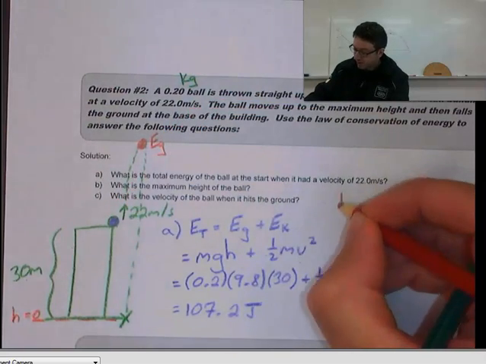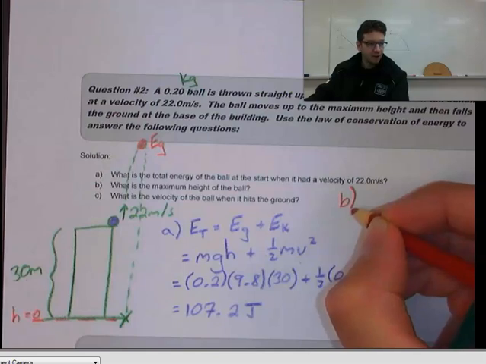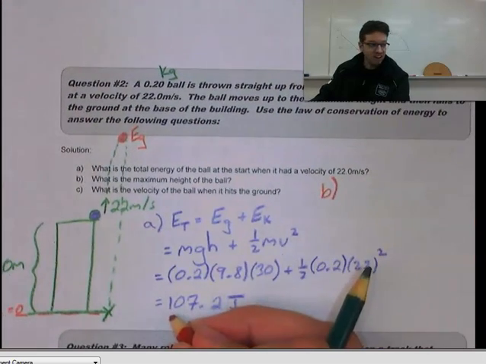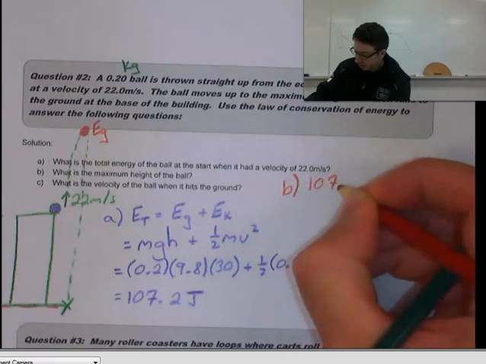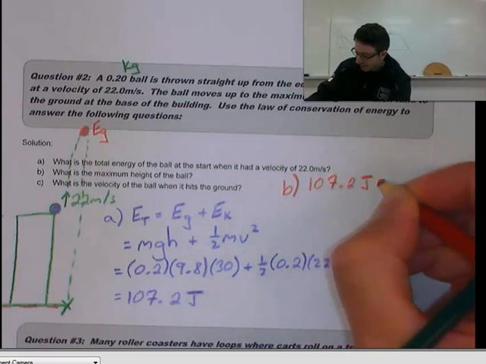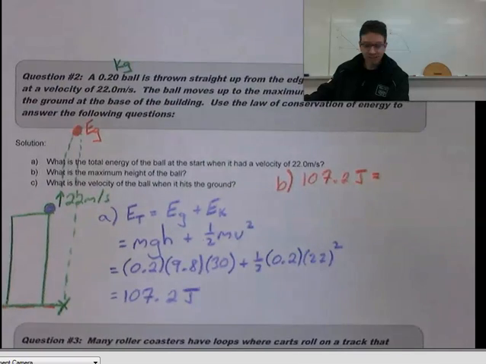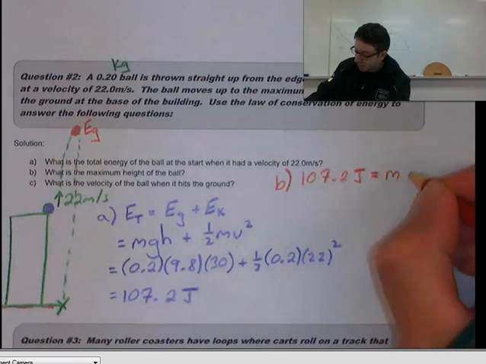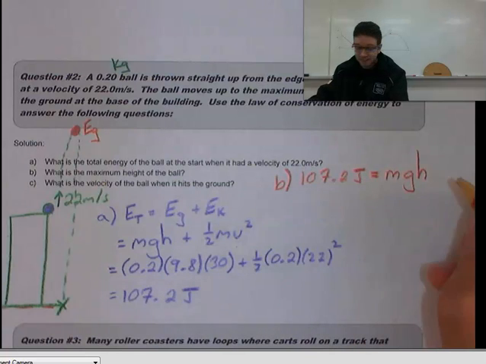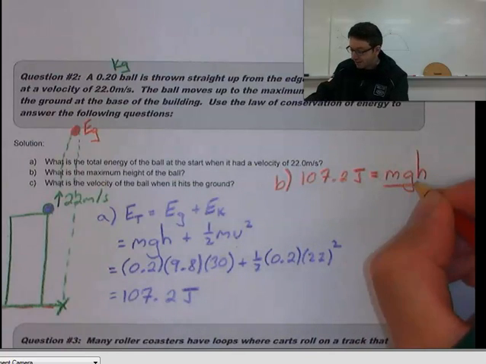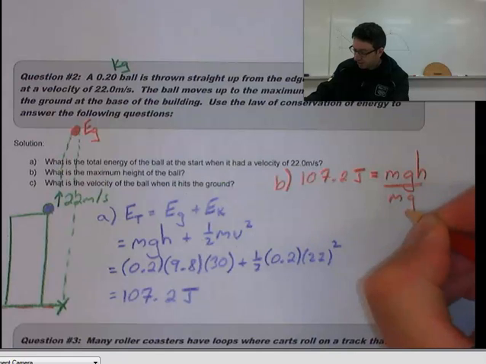So for part B, all of this 107.2 joules equals gravitational potential energy, which is mgh. We can solve for h by dividing both sides by mg.